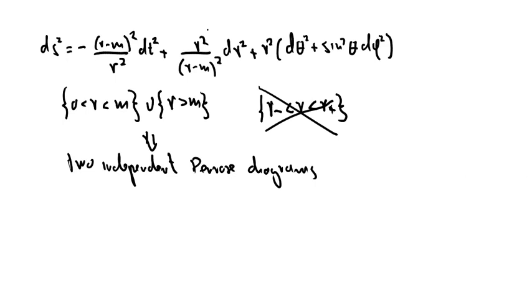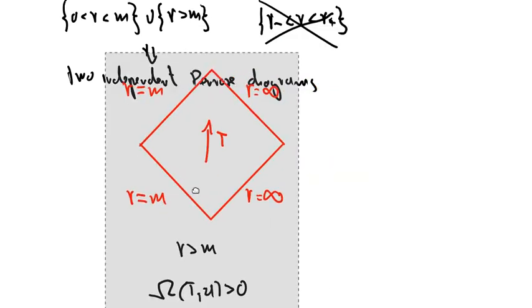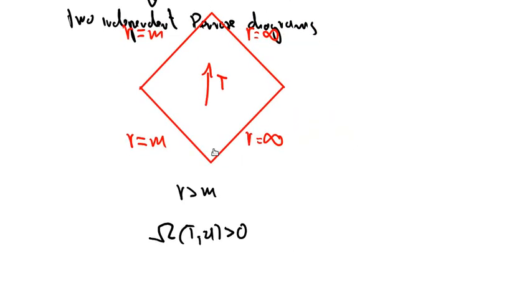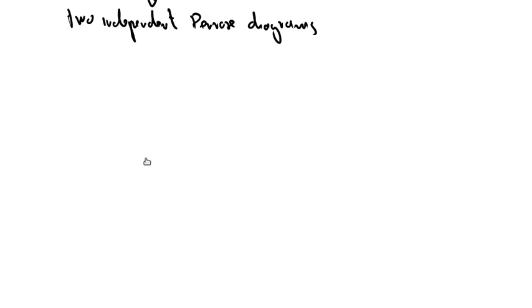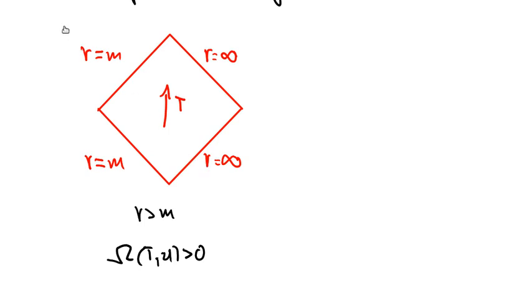Okay, let me just show you the independent Penrose diagrams. This is one of them. Okay, so this diagram corresponds to the region in which R is greater than M, and we can check the conformal factor, which one gets in the conformal representation, is positive, so this is the time orientation.